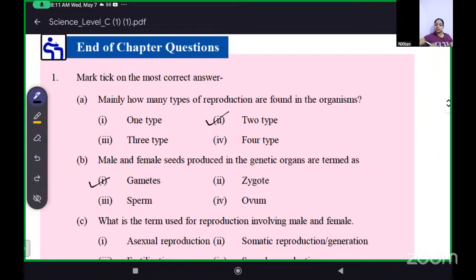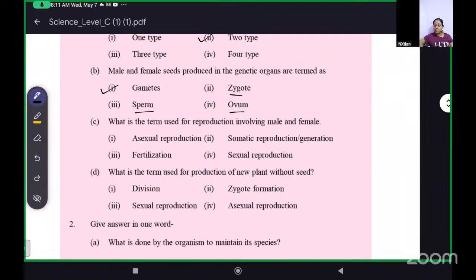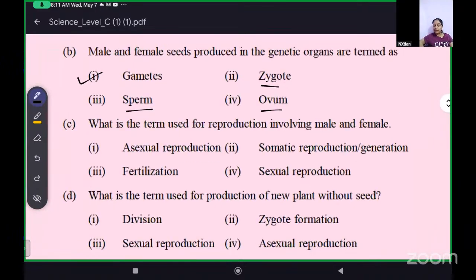Because sperm is only the male seed, ovum only the female seed. What is zygote? The cell formed after the fusion. But when we want to refer to sperm and ovum together in general, that time we say the word gametes.